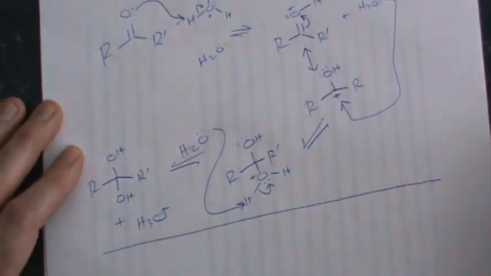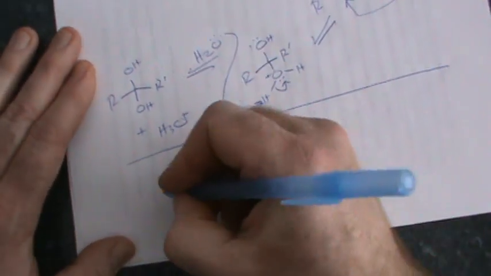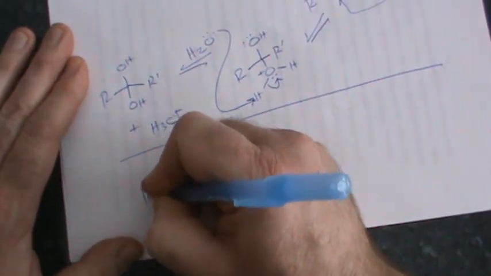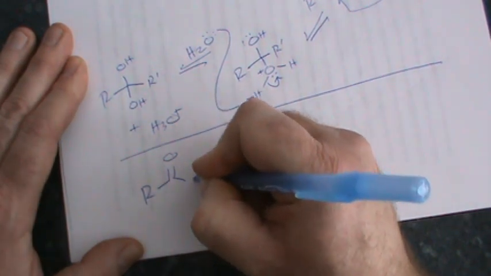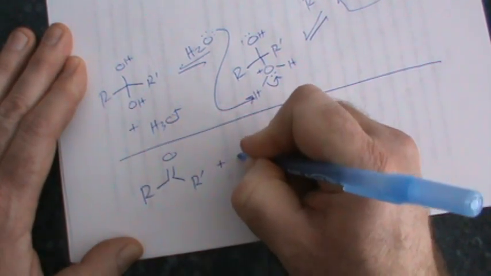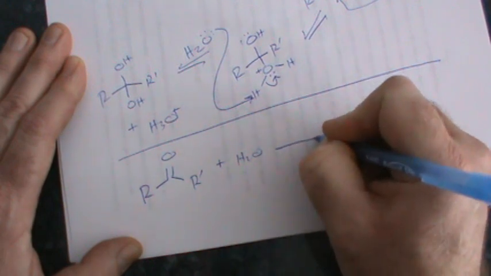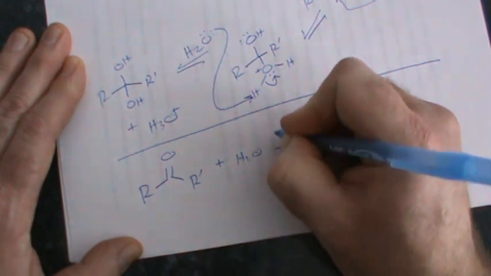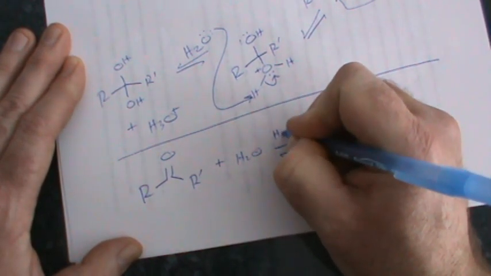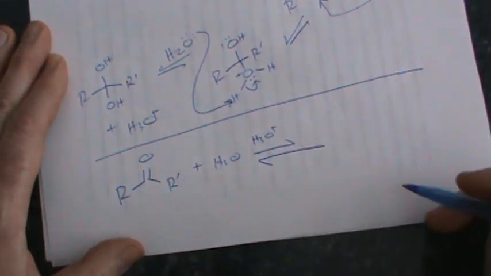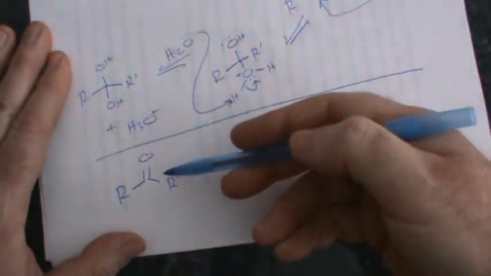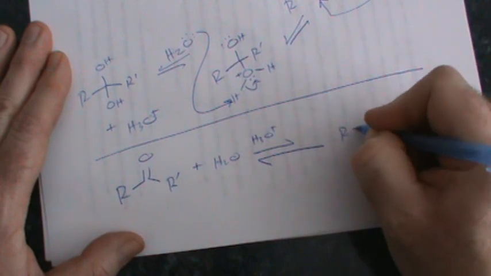Gem diol formation. So this is the mechanism for acid catalyzed hydration of an aldehyde or ketone. Now let's just look at the overall reaction. There's H2O. Once again, even under these acidic aqueous conditions, H3O plus, the equilibrium is going to favor reactant, not product.